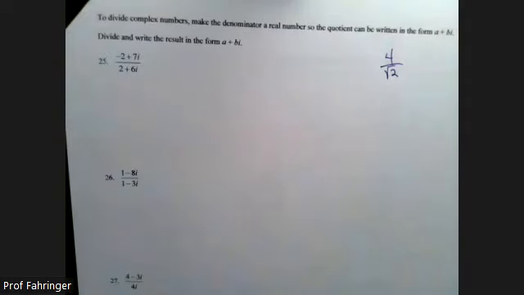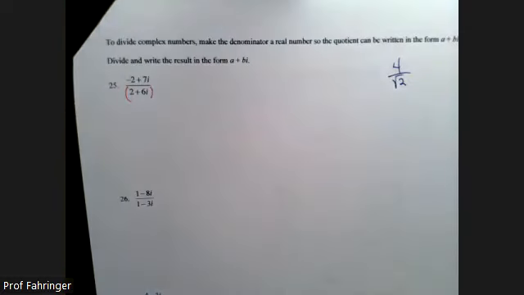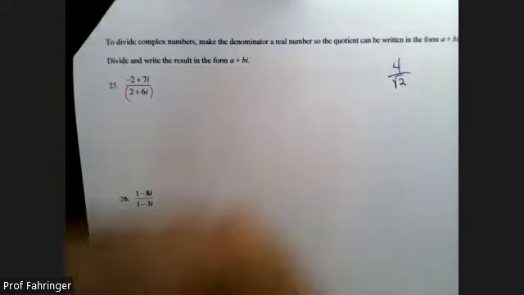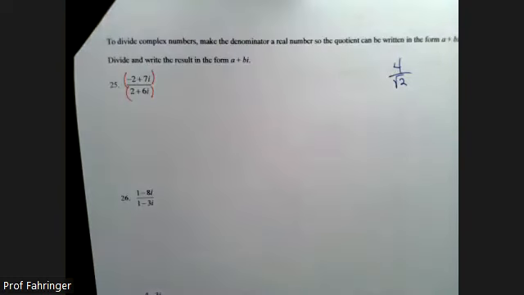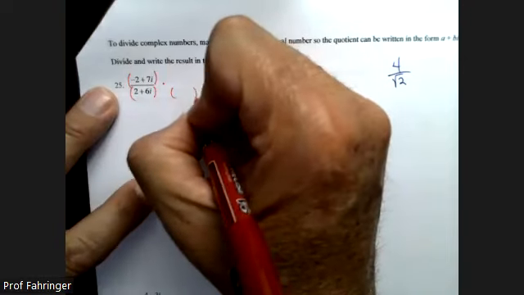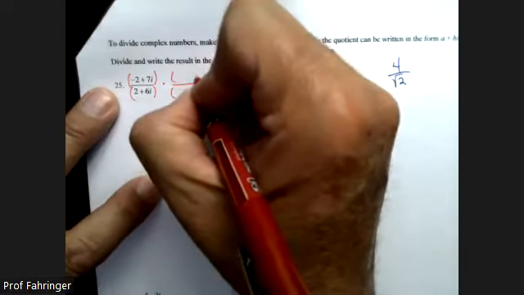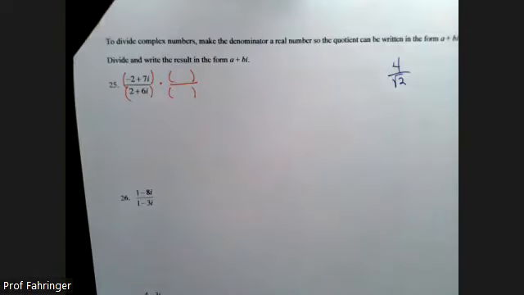Well, 3 minutes ago, we just looked at multiplying this by something to get rid of the i. I'm going to multiply by 1, which means whatever I multiply the bottom by, I need to multiply the top by. So what would you like to multiply the top and the bottom by? C word.